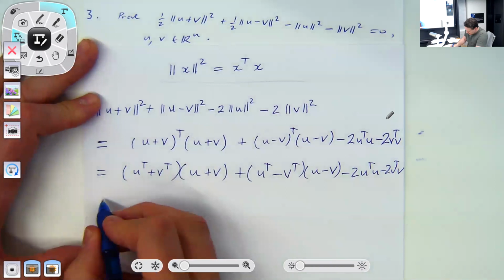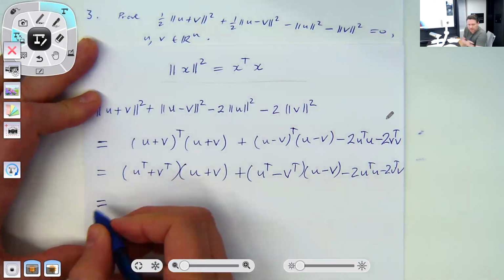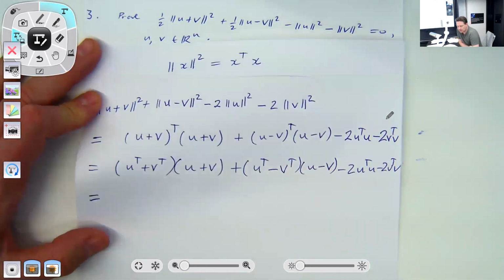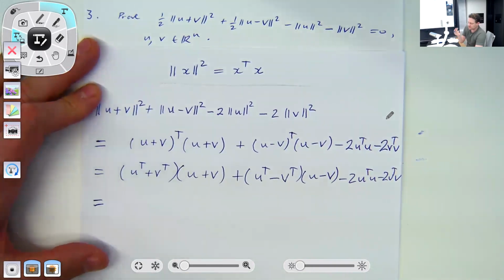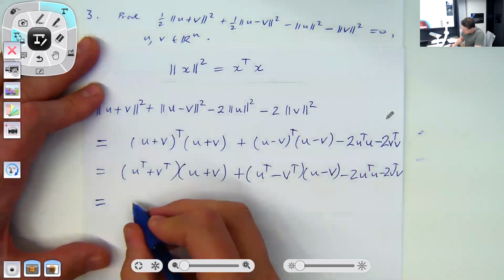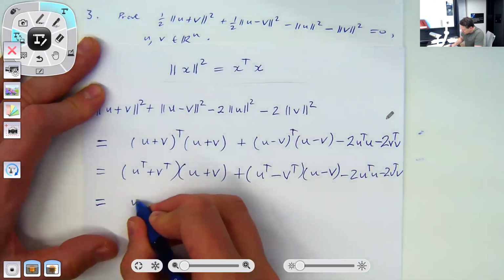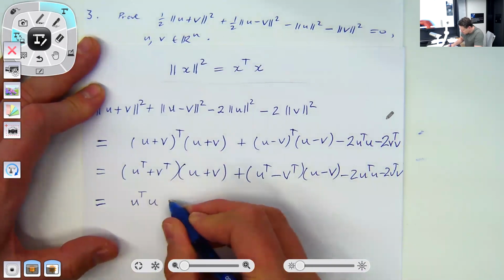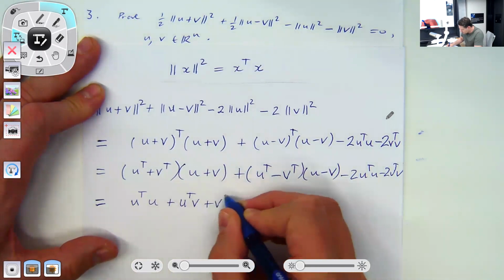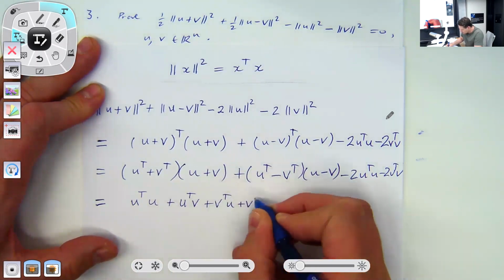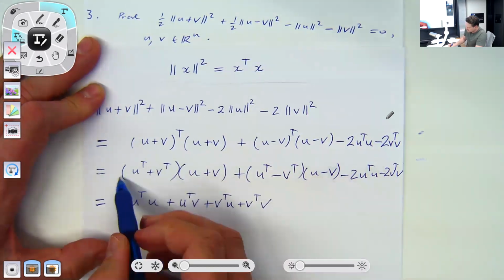And when you do expand, you need to keep things that were on the left on the left, okay? So you can't just assume that they commute. These are matrices. So we have u transpose u, and then u transpose v, and then v transpose u, and then v transpose v. And that's this one, right?